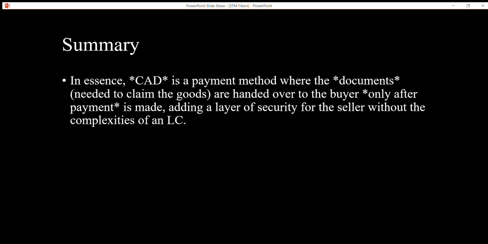We have also compared it with LC: CAD is cheaper but less secure. LC is slightly costly but secure because of the bank guarantee.